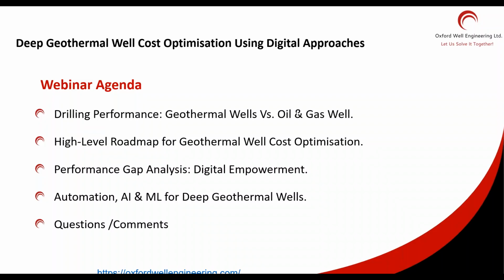For the last 5 years, I still have to find an operator who does not want automation and AI and machine learning. They all want it. They want it now, and they want all of it. So why not think about using them? Because they are not so expensive anymore. They can cut down the learning curve and reduce the well cost, and we can also benefit from it for our cheap geothermal wells. Lastly, we'll talk about some questions and comments.